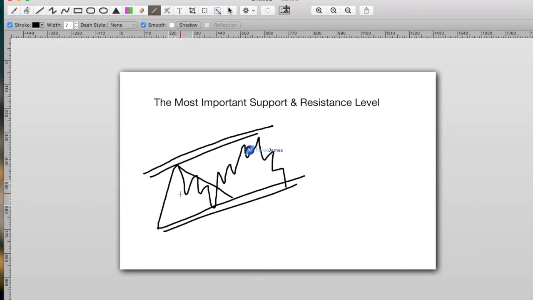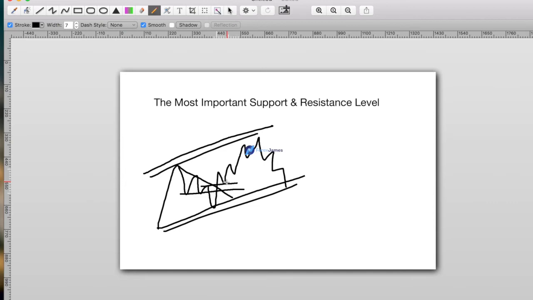And you see price breaking through here. And if you've also noticed this, where price retests the previous level of resistance turning into support, you're also right.